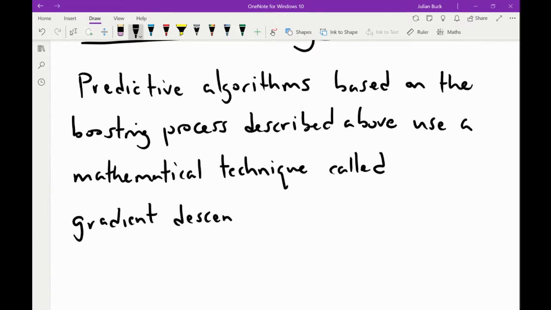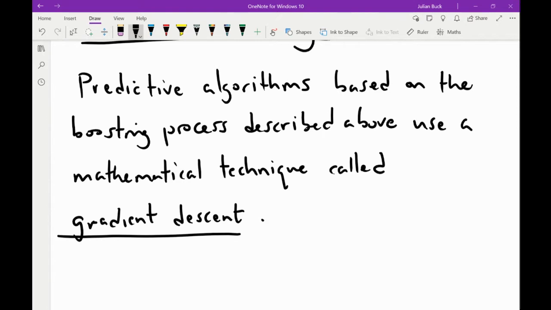This is something that we're going to wait and describe next week. The basic idea behind it is that at any position, you try to figure out what direction, in whatever dimensional space you're working in, you should go to reduce your error the fastest. And you move in that direction incrementally. By doing this over and over again, you eventually reach, hopefully, some sort of minimum point, however you're measuring the loss function.